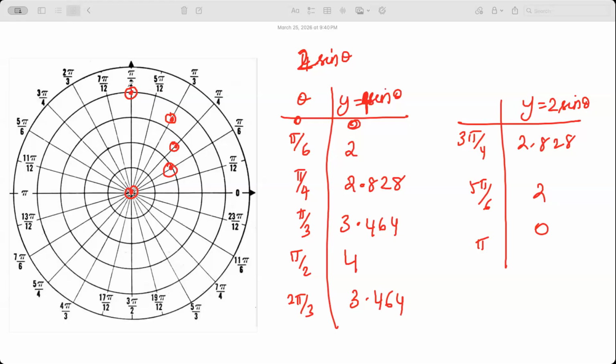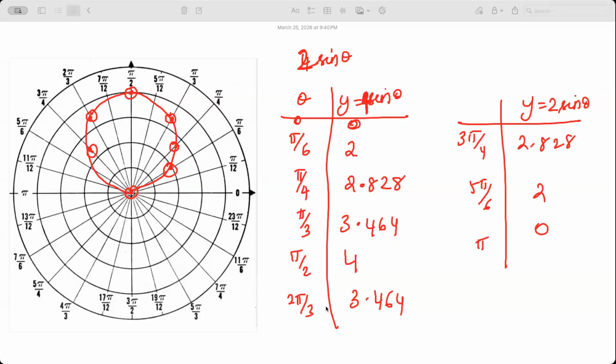Sine 90 is 1, so again 3.464 at 2 pi by 3, and then 2.828 at 3 pi by 4. And then for pi you have a 0. So see the graph, guys. Any questions?